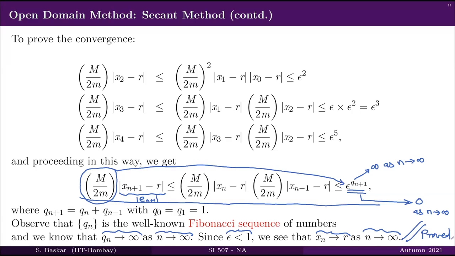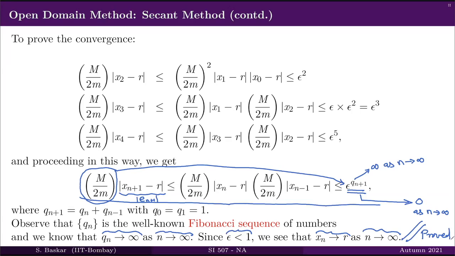Remember, to achieve this, we had three main hypotheses. One is f should be C2. Second, the root that we are interested in is a simple root. And third is that we have to choose our initial guesses x0 and x1 in a neighborhood of r in which f dash never vanishes.